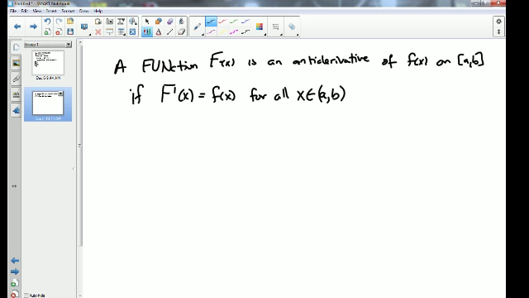Why don't we use something different than F equals F? So, thinking through this. On the last slide, let's try one a little different.